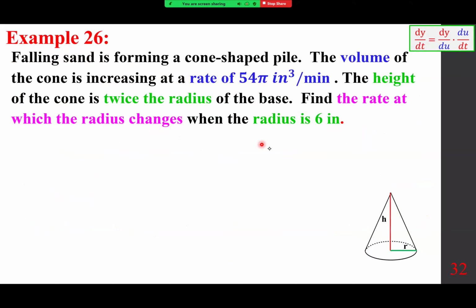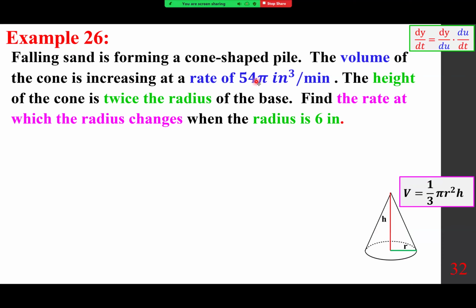First and foremost, here's the shape. Again, you have to have the drawing to define your variables. Here's the r, here's the h, and you should know the volume is 1/3 pi r squared h. So here's the volume.